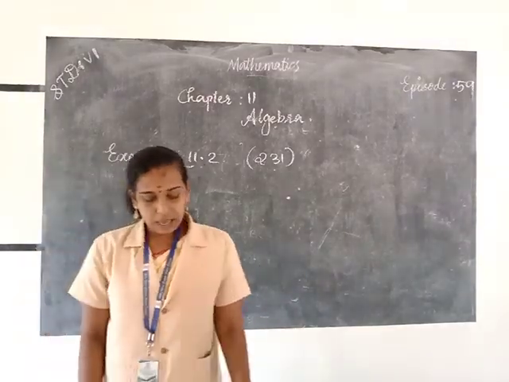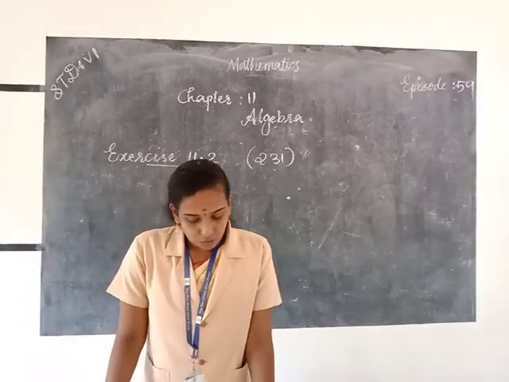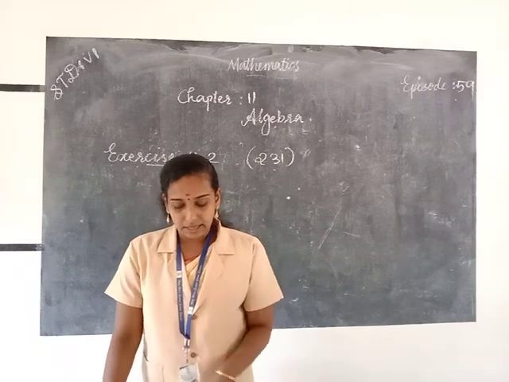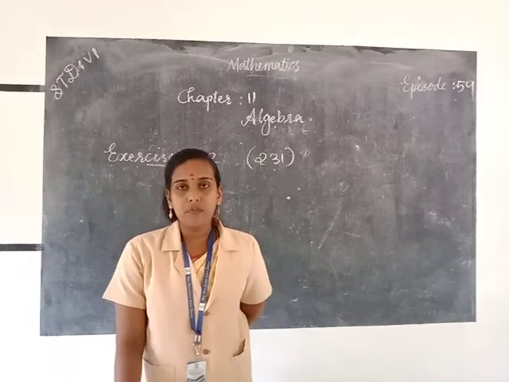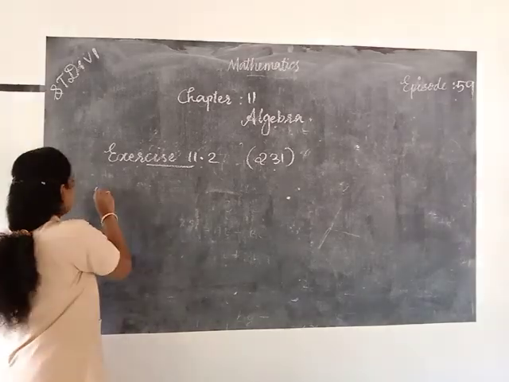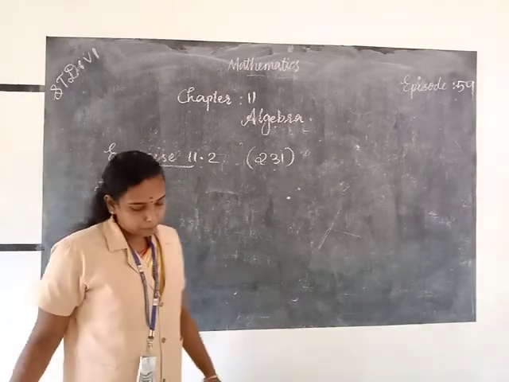Question number 5. To find the sum of three numbers 14, 27 and 13, we can have two ways.